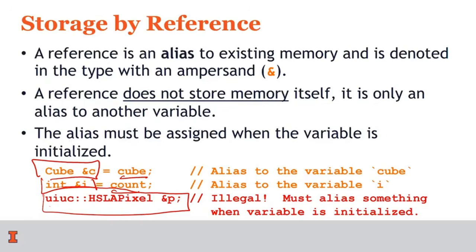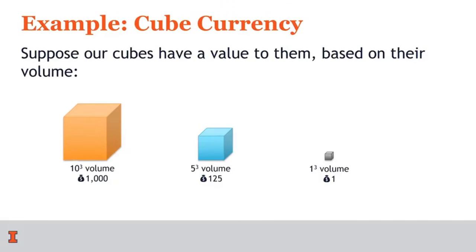So let's look at why this matters in a real example. Suppose we're going to take our cube class and we're going to make our cube class currency. Our cubes have a value to them based on their volume. So a tiny little unit cube has only a volume of 1, and its value is just 1.